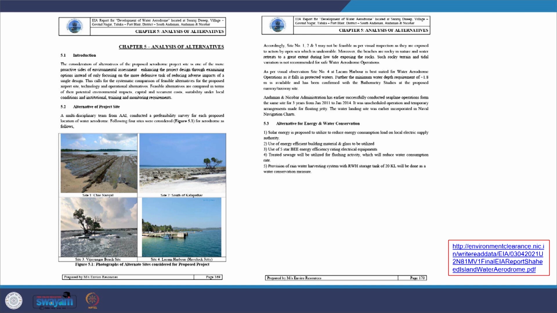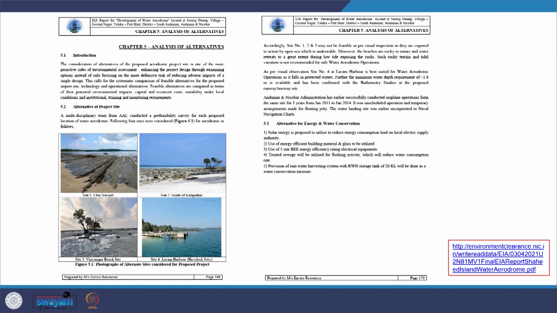So you see that in the narrative, they write site number 1, 2 and 3 may not be feasible as per visual inspection, as they are exposed to action by open sea, which is undesirable. Moreover, the beaches are rocky in nature and water retreats to a great extent during low tide, exposing the rocks.